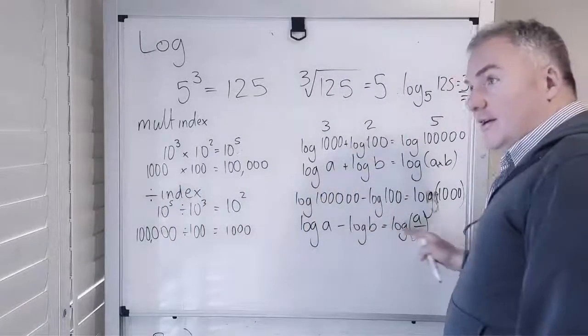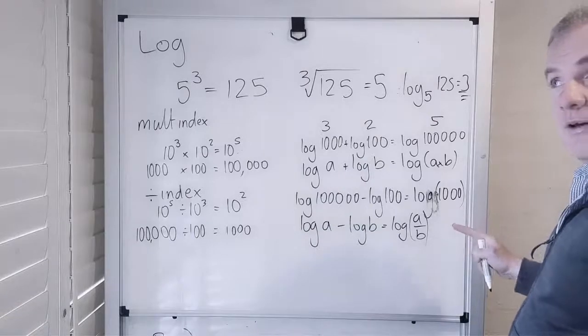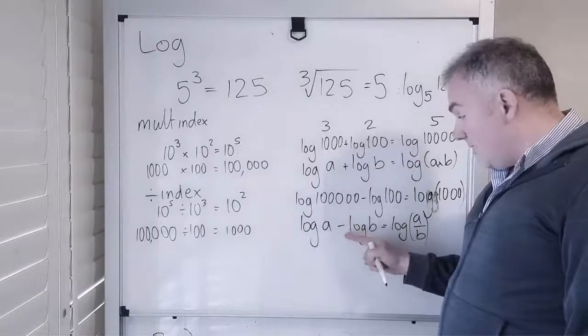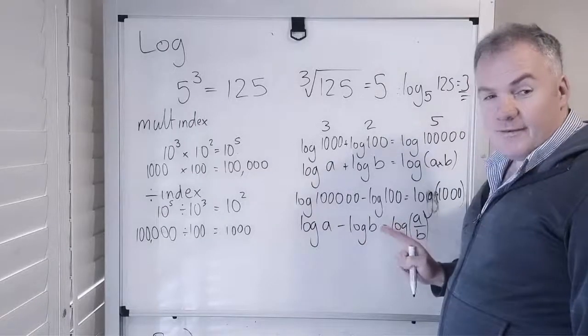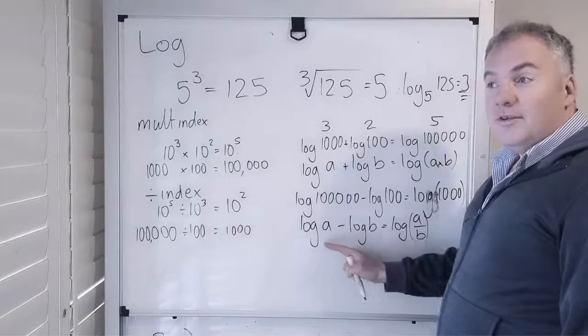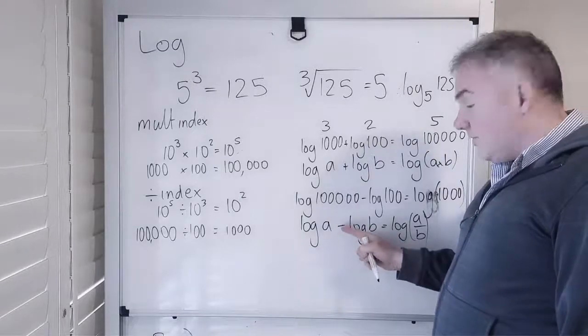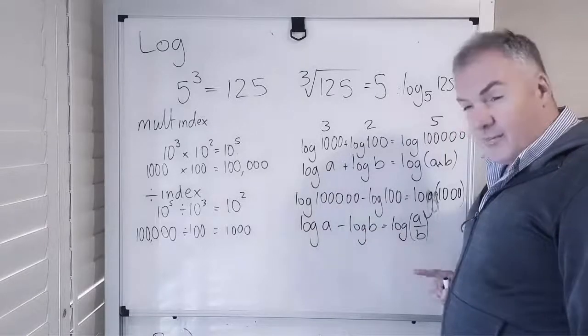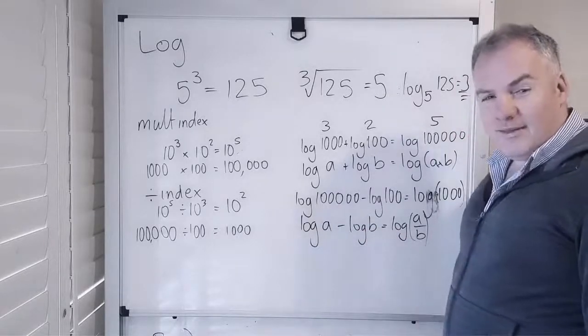With this one, it's just good to pay attention. When it's a minus here, it's on the bottom of the divide. When it's a plus here, it's on top of the divide. Minus on the bottom of the divide. So when it's plus, you times them. When it's minus, you divide them, and you put the negative thing on the bottom. Negative, bottom, negative, bottom. Hopefully that makes sense.